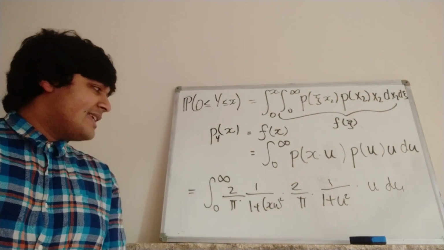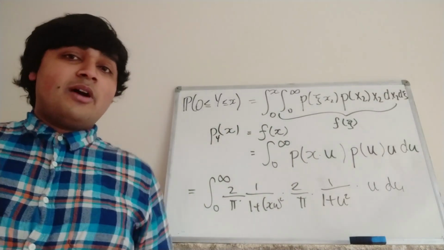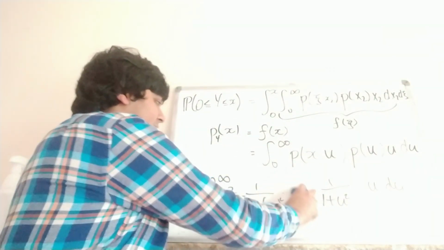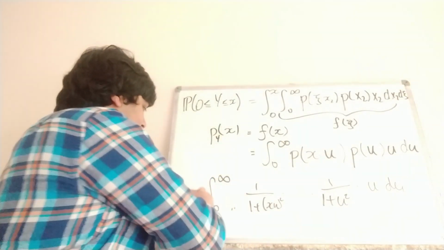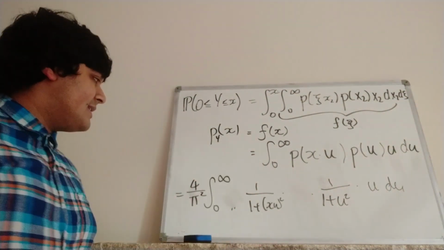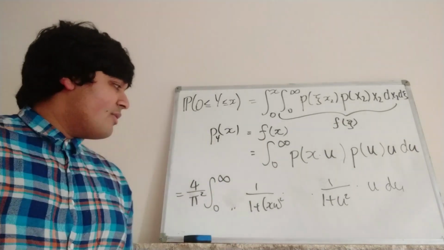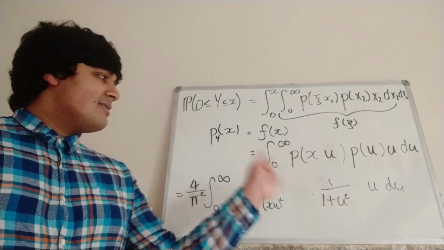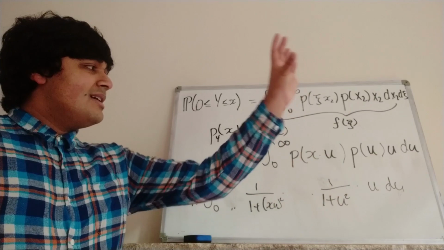Okay, but of course we can just take out the constants, 2 over pi and 2 over pi, which gives me a 4 over pi squared out the front. This is equal to 4 over pi squared times the integral from 0 to infinity of 1 over 1 plus x squared u squared times 1 over 1 plus u squared times u du.